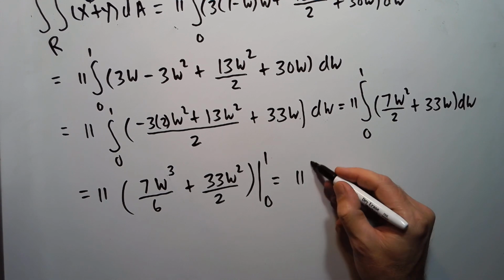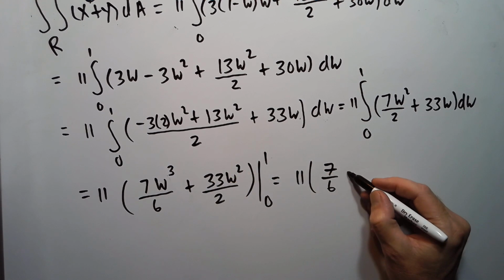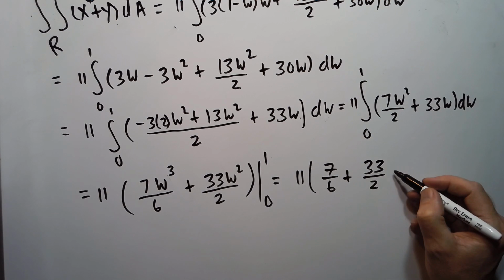So it'll be 11 times, putting 1 in there, it would be 7 over 6 plus 33 over 2.